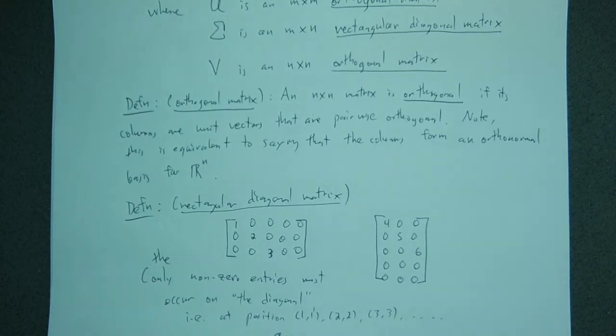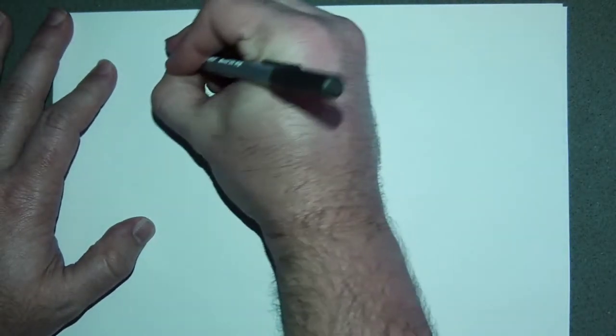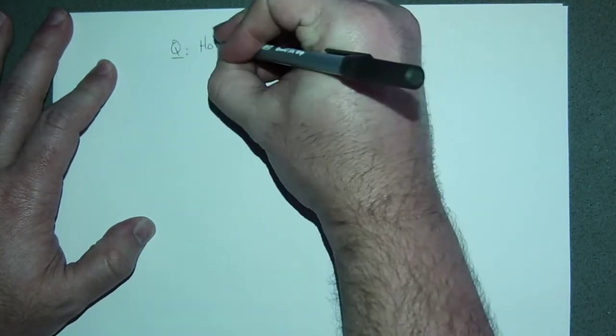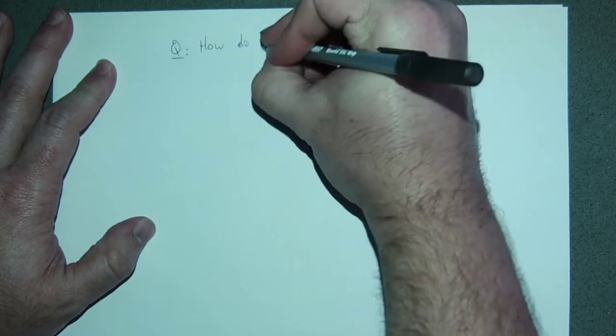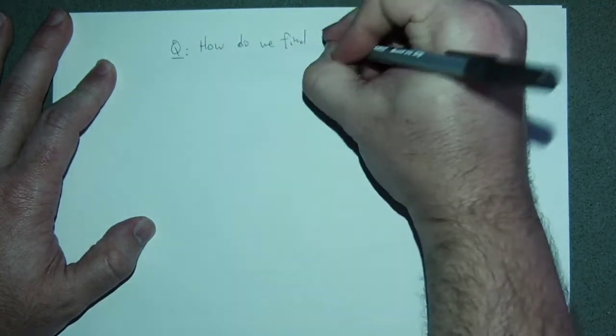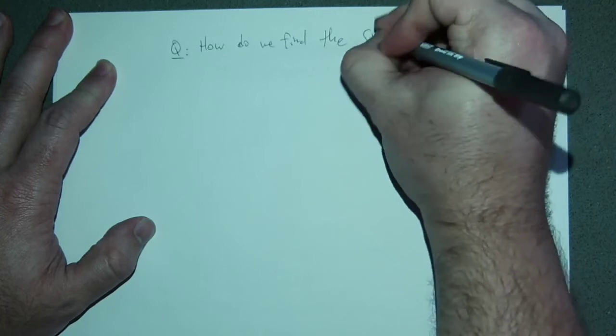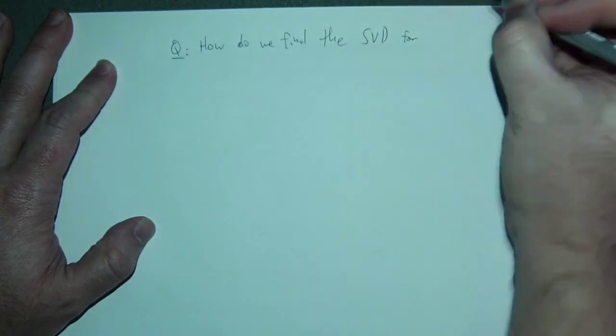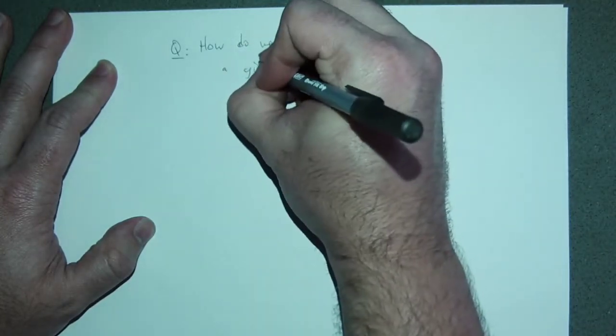All right. So then how does this work? There's a big theorem. I'm not going to prove any of it. I'm just going to state it to you as fact. But there's a theorem that informs how we're going to do this factorization. So the question: how do we find the SVD for a given matrix A?